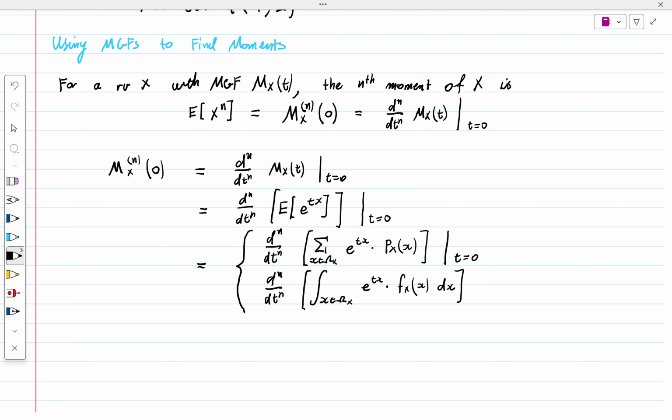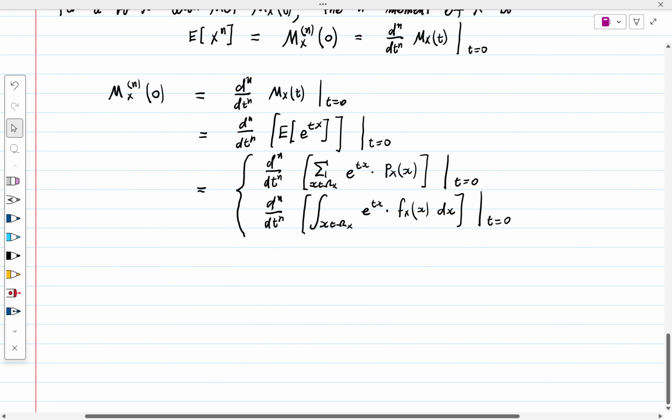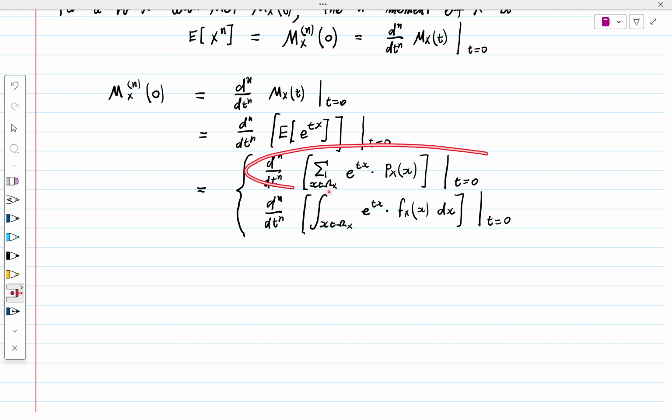And of course, we differentiate with respect to t, and t is equal to 0 in this case. In case it's not clear, the first is the discrete case, and this is the continuous case.